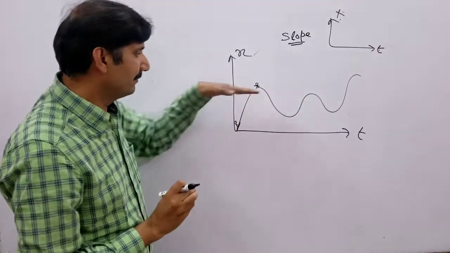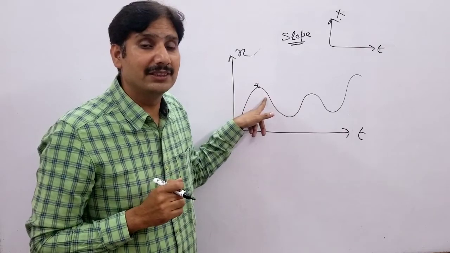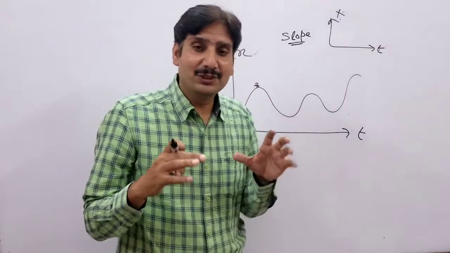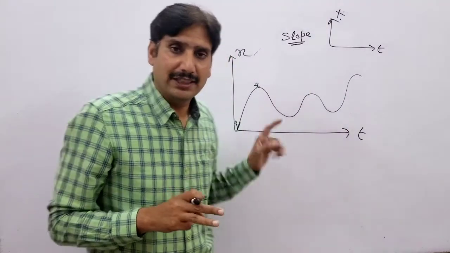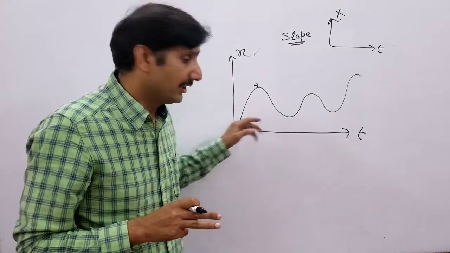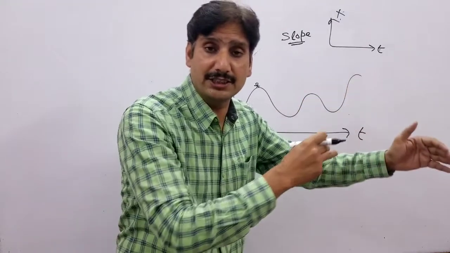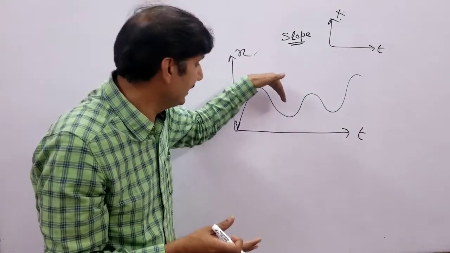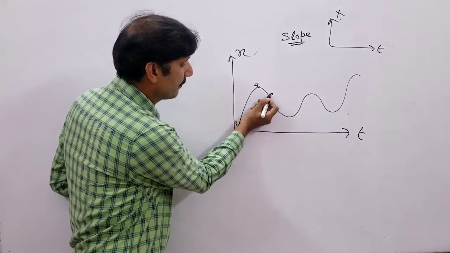As he goes up there, the curve has become flat. That means at this point, the velocity of the body was zero. So, I wanted to tell you not to get confused. The curve is going up, that means velocity is increasing? No. It's a position time graph. The curve is going up, that means the body is going farther away from the origin, but at the same time its velocity is increasing, and finally it became zero, and then suddenly the slope becomes negative.